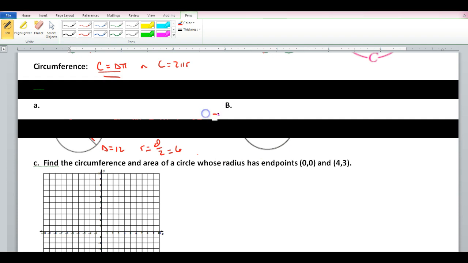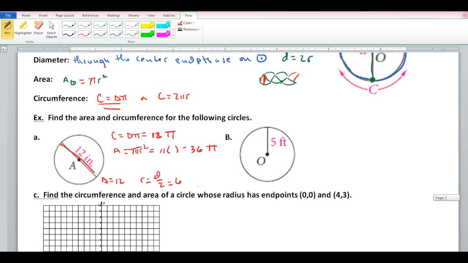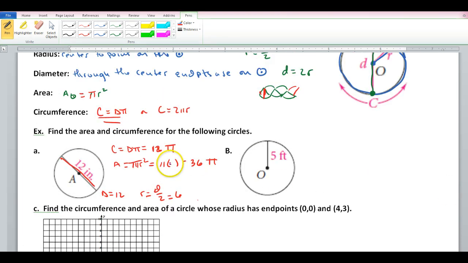Things keep erasing. So, for the letter B, we're given that the radius is 5. For the circumference, we would use 2 times pi times the radius, which in this case would be 2 times pi times 5, which is 10 pi.